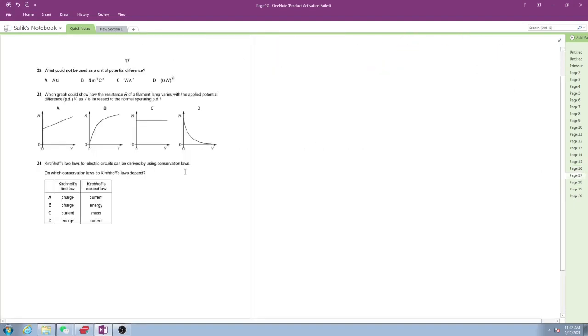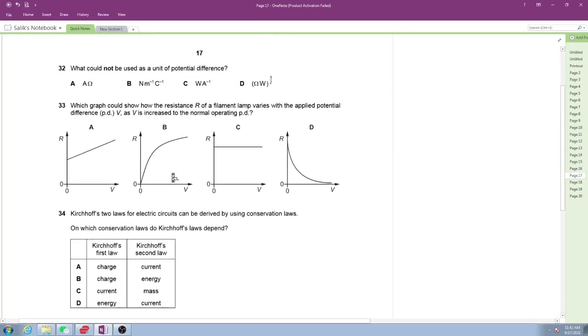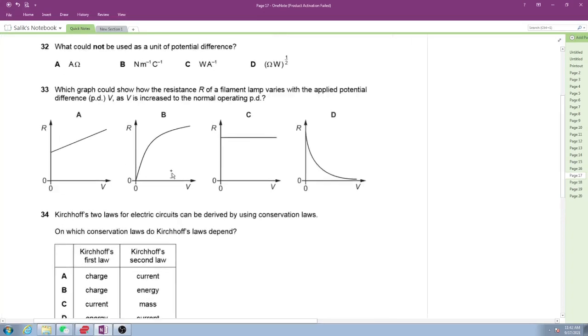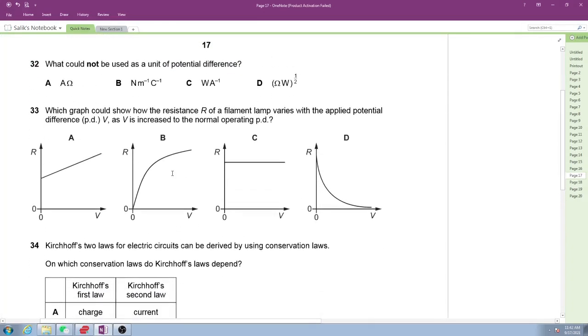Question number 32 says, what could not be used as a unit of potential difference? Be careful, "not" is in bold. Many students make the mistake of not reading the question properly, and so the problem comes.